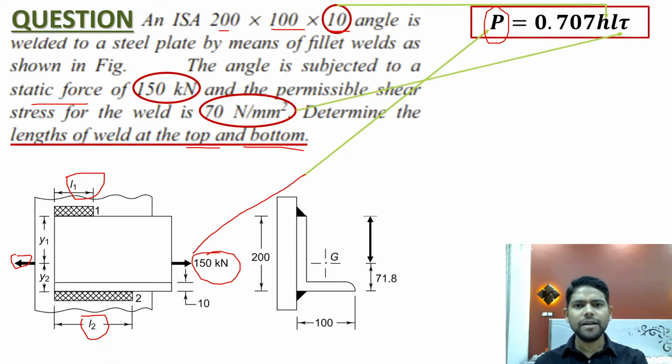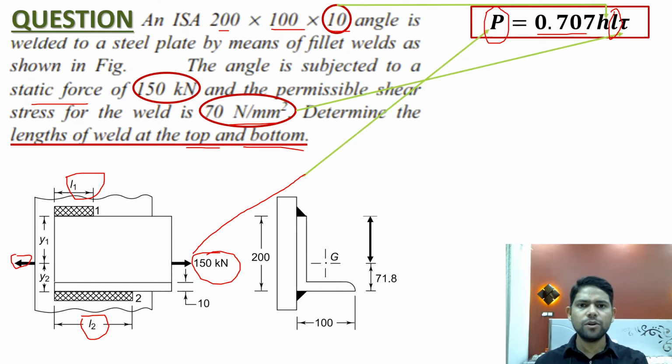The third parameter given is tau, so we can put the value of tau from here. Obviously 0.707 is a constant, and with the help of all these values, we can easily find out the value of L, or the total length of the weld.